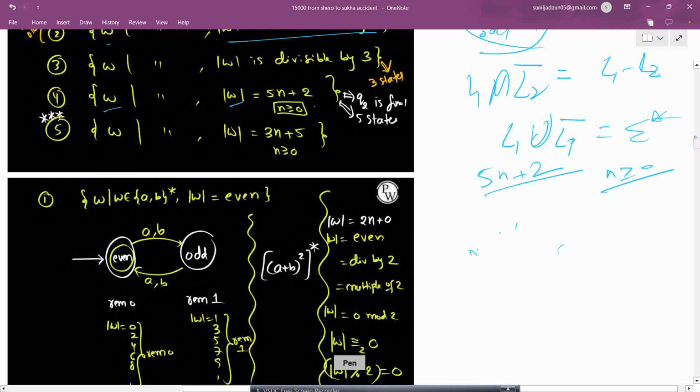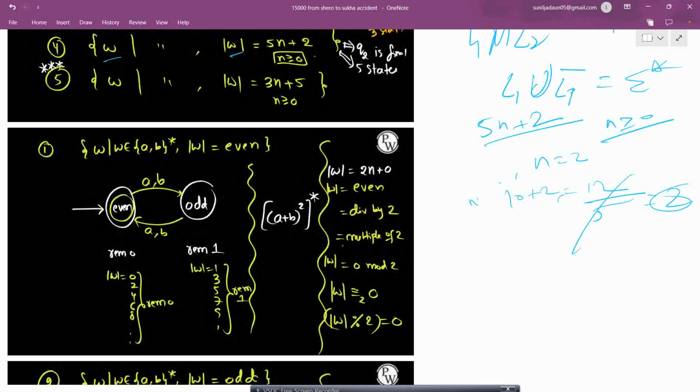If n is equal to 2, it is 10 plus 2 is equal to 12. If divided by 5, the remainder is still 2. So here the remainder is 2, as we studied here.